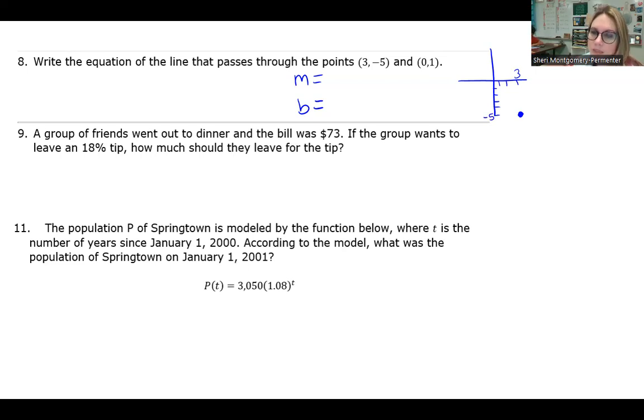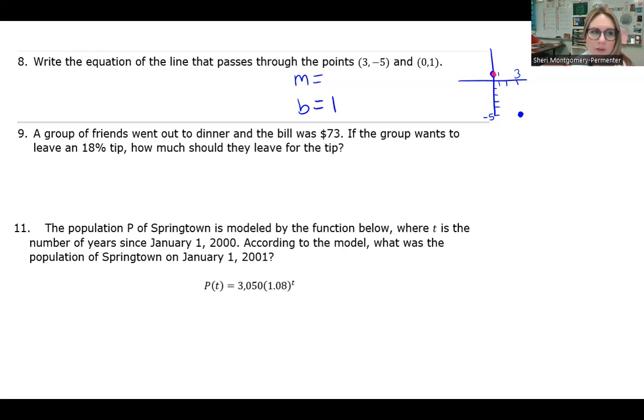It's at 3, -5. My second point is at 0, 1. Do I know my y-intercept? Yeah, it crosses at 1 right there. So my y-intercept I know is 1.